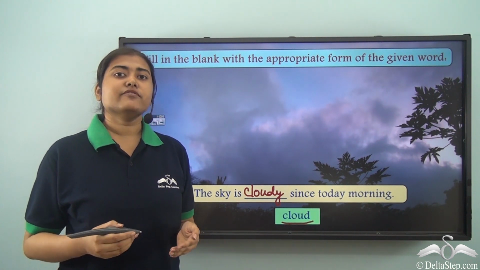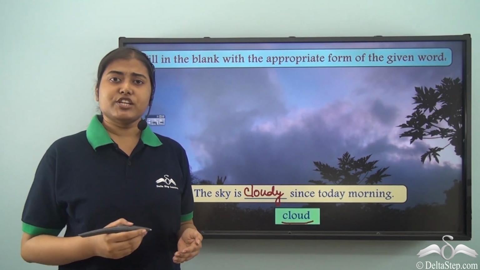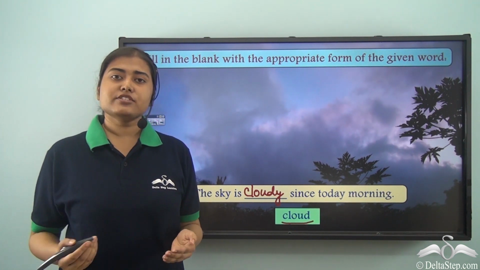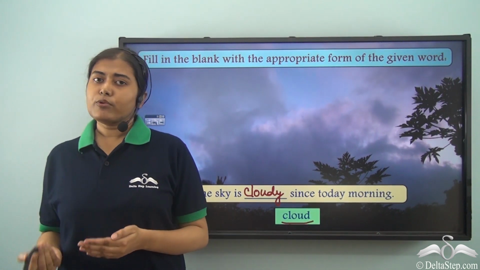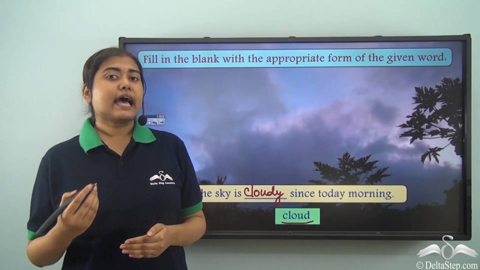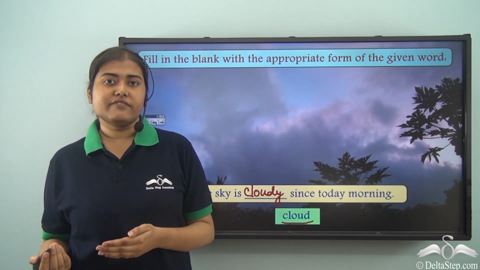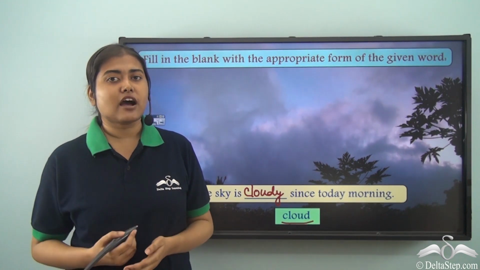At times we can form adjectives from nouns or adverbs from adjectives, and so on. So there can be many new ways of forming new words using the suffix. So the most important thing is, by adding a single letter or a group of letters which are called suffixes, we can form many new words and increase our vocabulary.